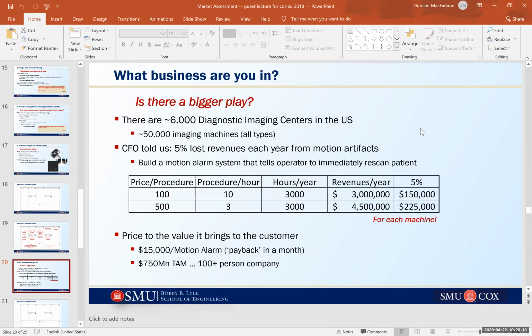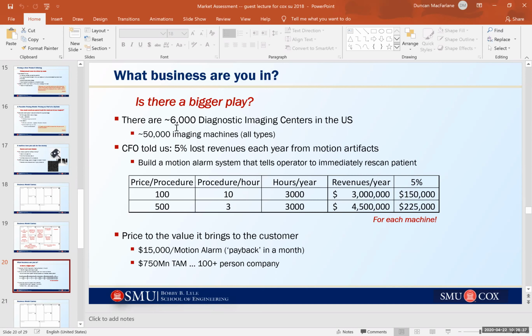So what they would do is they would image a customer. They would send the customer home. Then they would realize that they didn't get the data that they wanted, and they had to call back the customer, and they had to use up their waiting room time. They had to use up their back office, and they had to use their machine time again.